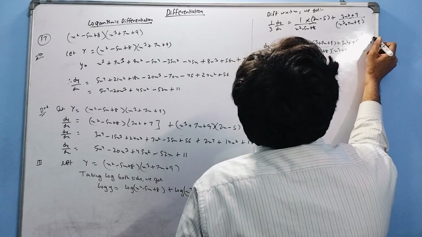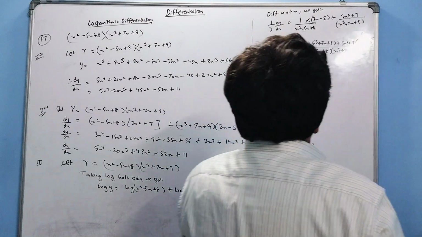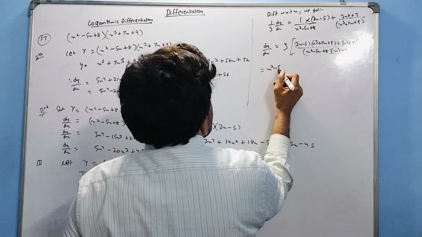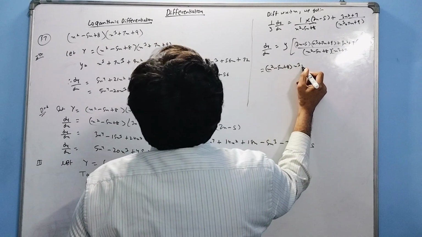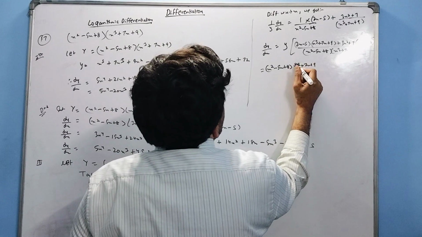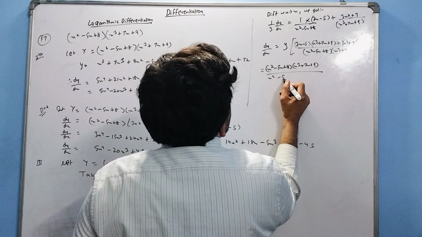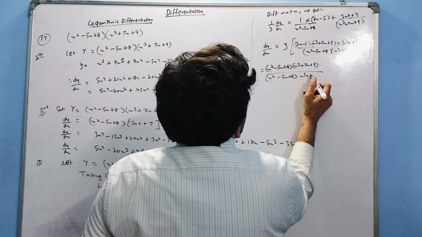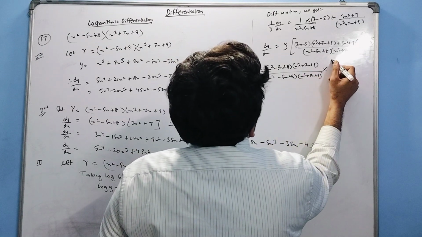So now we can solve it. We have y. What is y? We can put here x square minus 5x plus 8 times x cube plus 7x plus 9, upon x square minus 5x plus 8 times x cube plus 7x plus 9, into this.